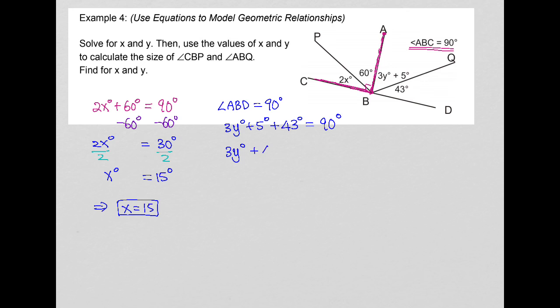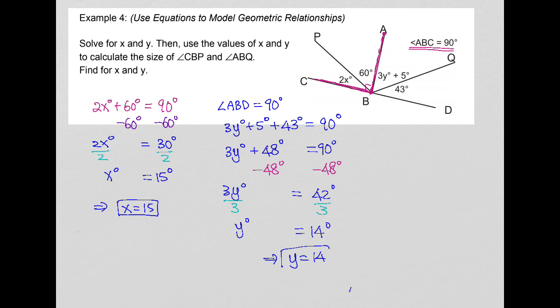So 5 plus 43 is 48 degrees equals 90 degrees. We want to isolate for y, so you subtract 48 degrees on both sides. So you will get 3y degrees equals 42 degrees, and that's divided by 3 on both sides. So y degrees will become 14 degrees. That really means y equals 14. Here you go.